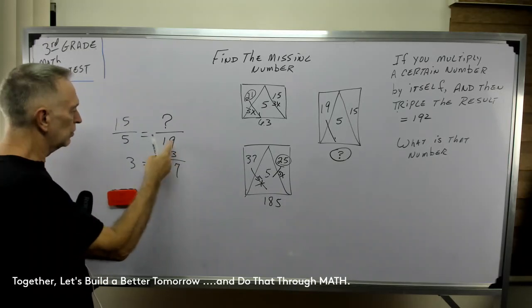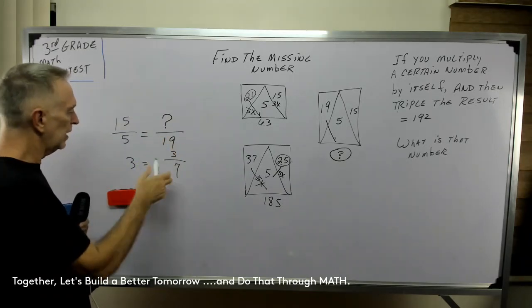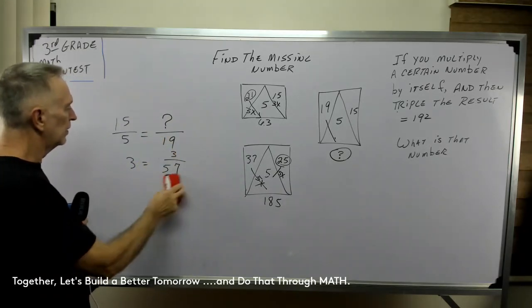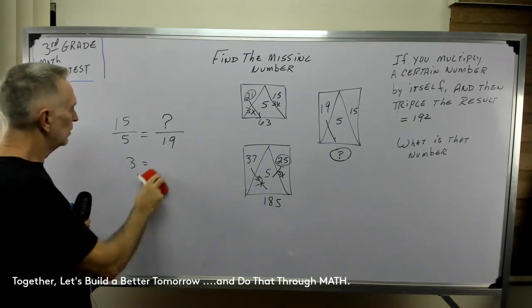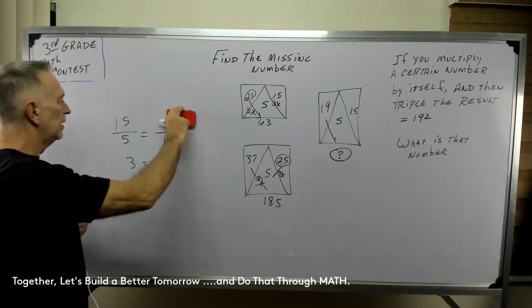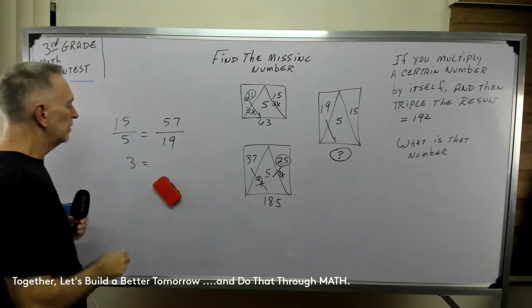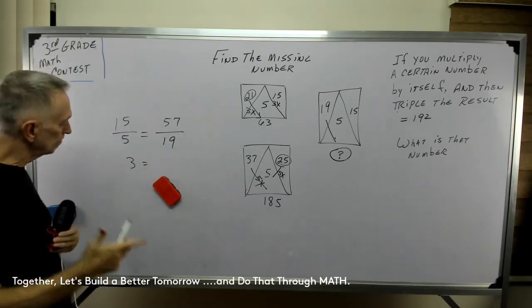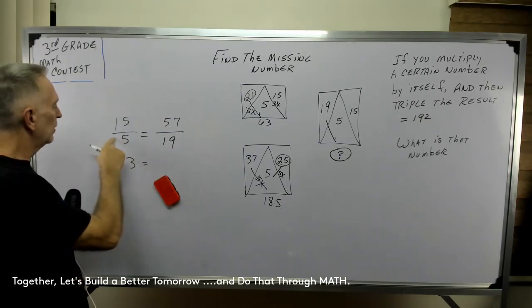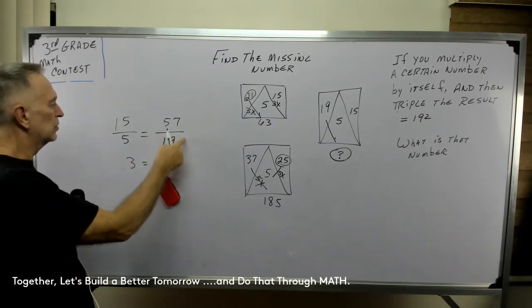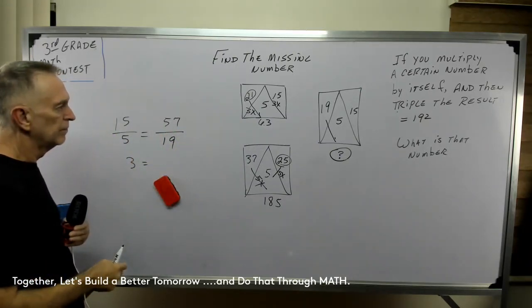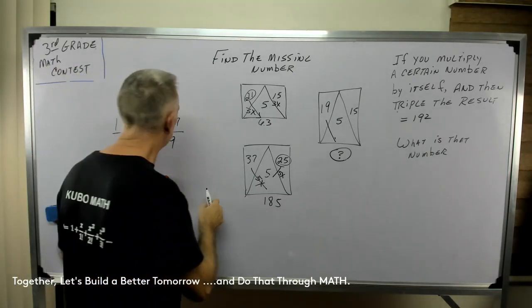Carry the 2. 3 times 1 is 3. 4, 5. 57. So it should be that 15 over 5 equals 57 over 19. And that would be 3 times, and this is 3 also. So that number is 57.